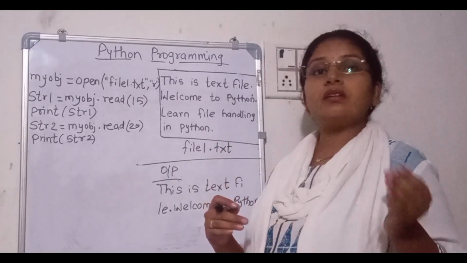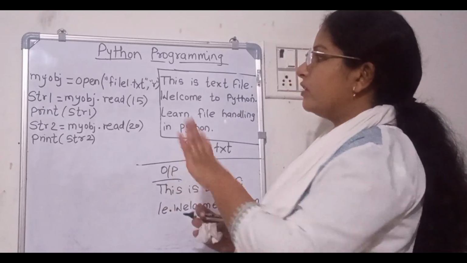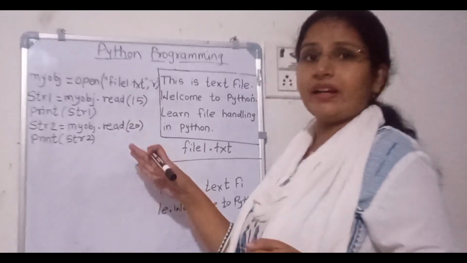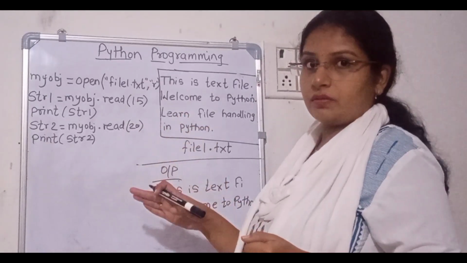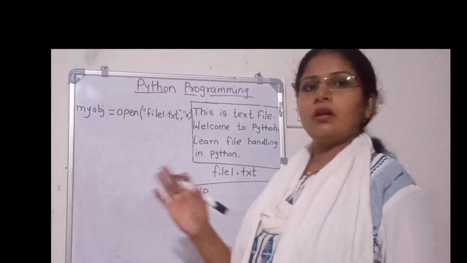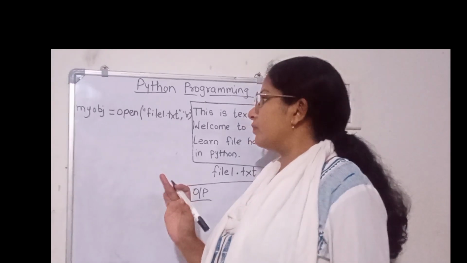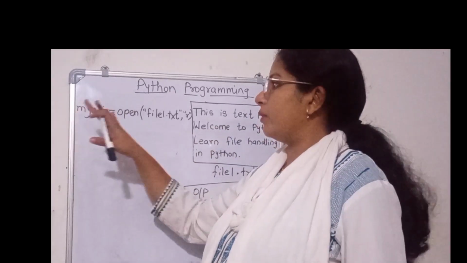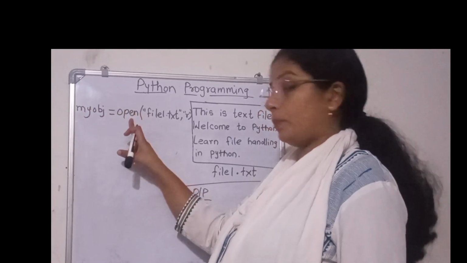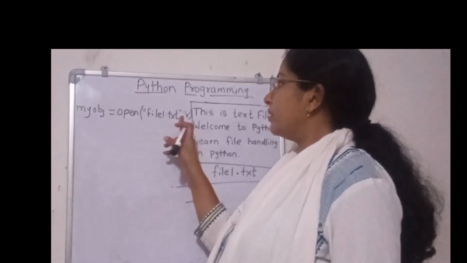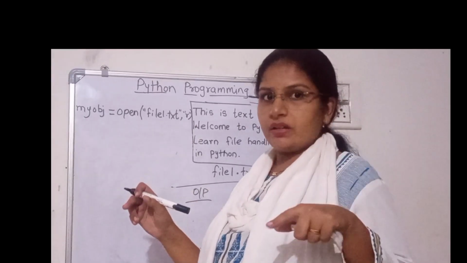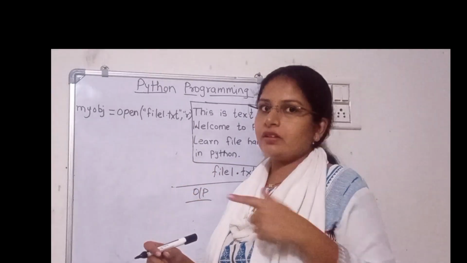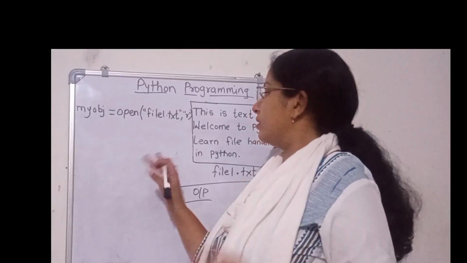Then we will see the readline. So I will just rub it out and then we will see how the readline actually works. Same as we are using with our read function, here I am taking the same file object. My object is equal to open file1.txt. One thing I missed in the previous program, to close the file, that I am not going to forget in this.